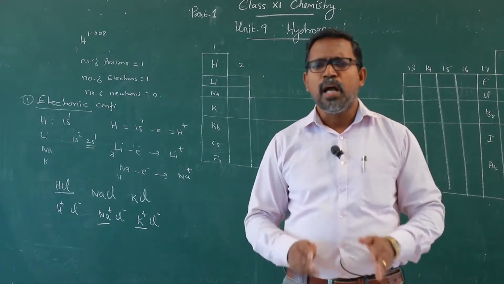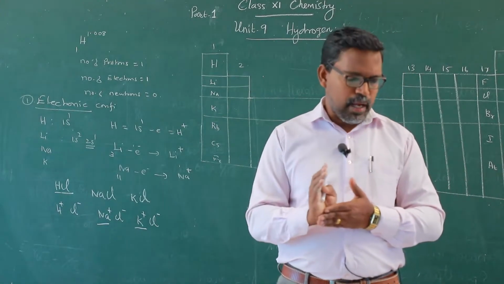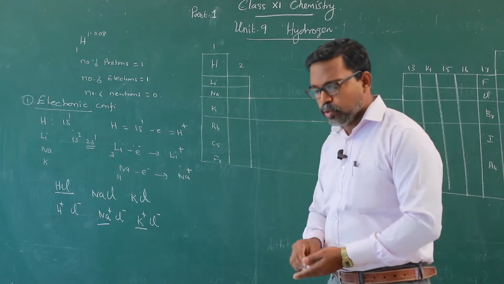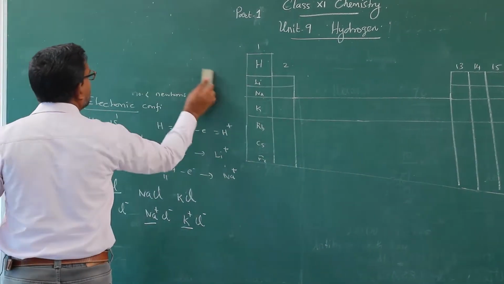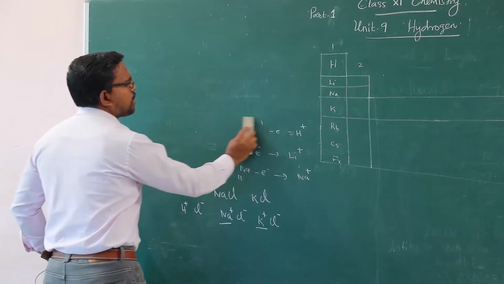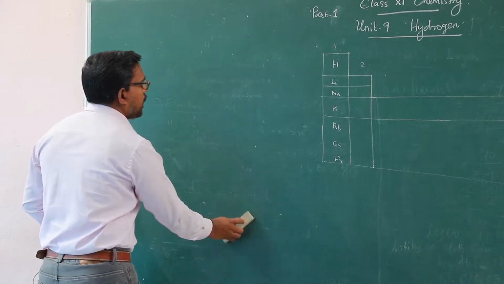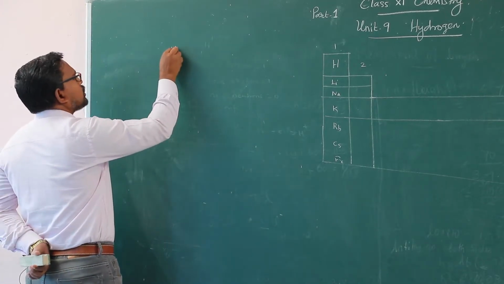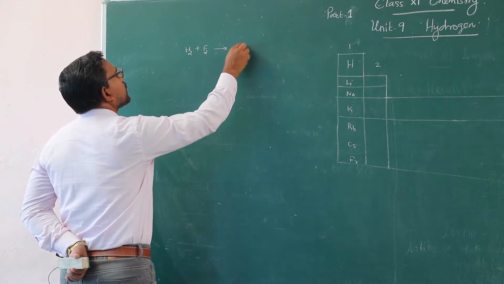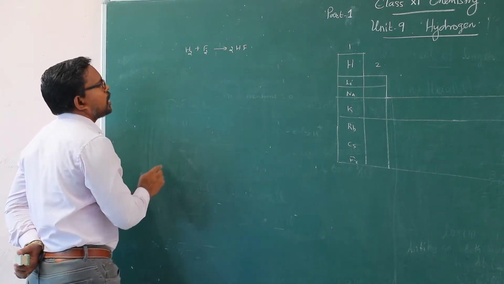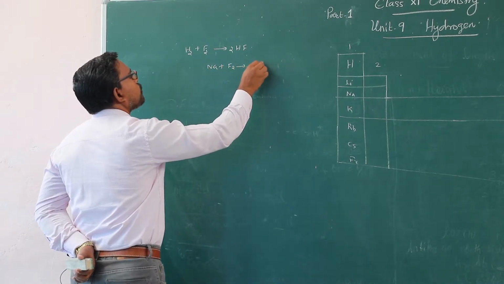And also the combining nature with electronegative elements. Listen, the electronegative elements are group number 17 in the periodic table. Group number 17 is called the halogen family. Dihydrogen combines with fluorine to give hydrogen fluoride. Sodium reacts with fluorine to give sodium fluoride.